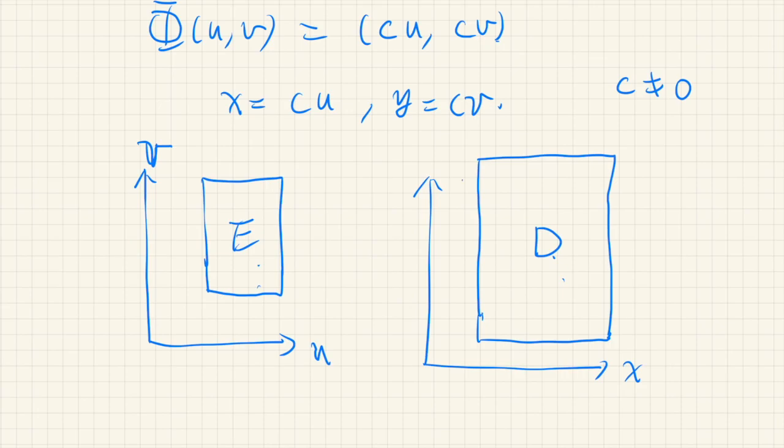So one unit of area in E does not correspond to one unit of area in D, because their sizes are different.